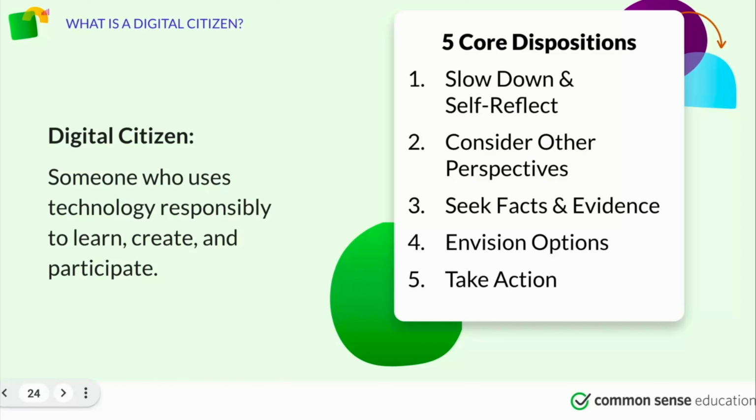If you're not sure what lateral reading is, it's the only way I can trust what I'm reading is true, right? Checking different sources to make sure everybody has the same story. And then the last two: you're envisioning your options and taking action. So you're thinking to yourself, how can I respond to this in an ethical, smart, responsible, impactful way for the positive pieces?